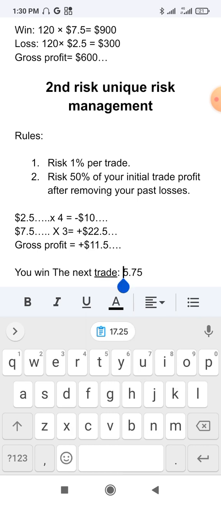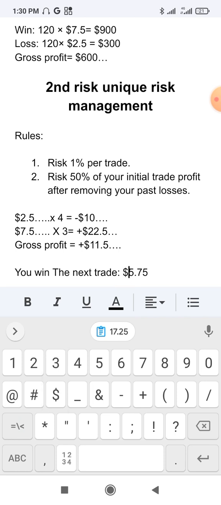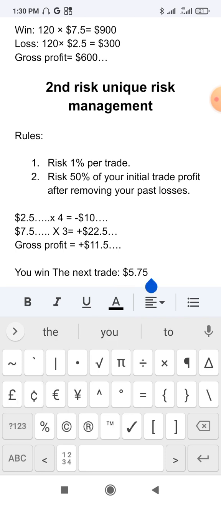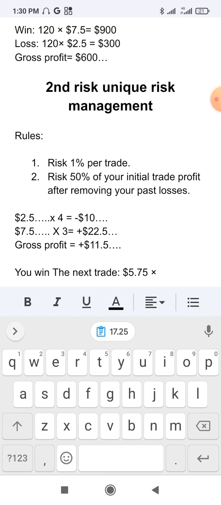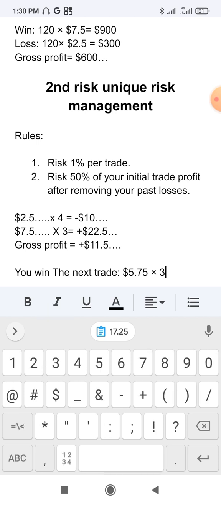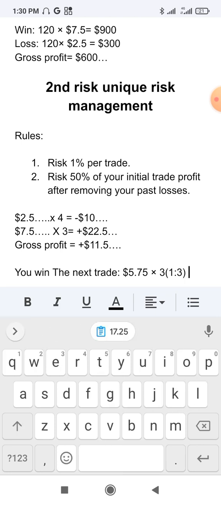That's the risk on that trade, $5.75 on the next trade. So it's going to be times 3, because don't forget it's a 1:3 trade we are always looking for. So if you win, it means we are getting times 3 of whatever we risk.